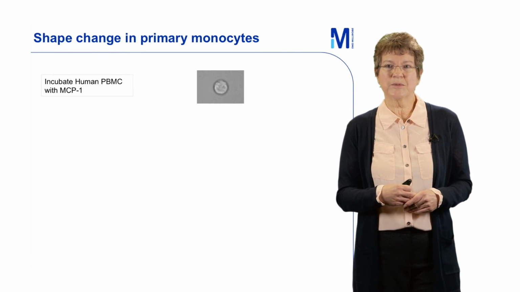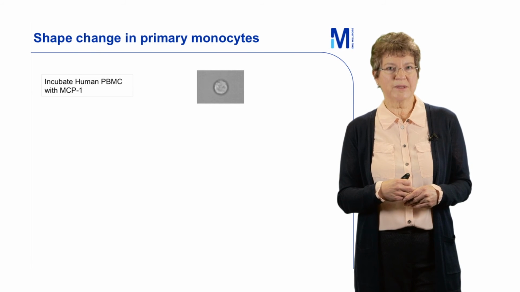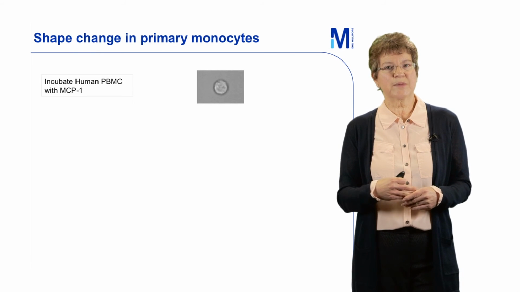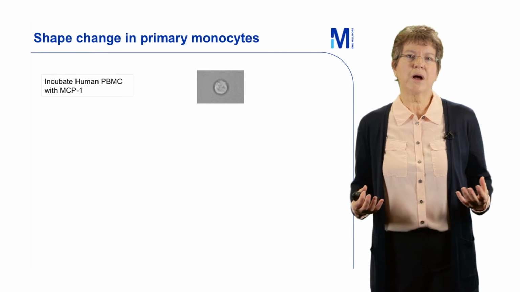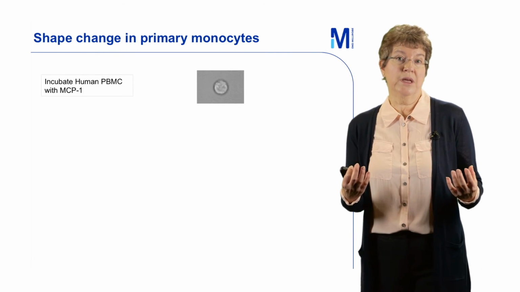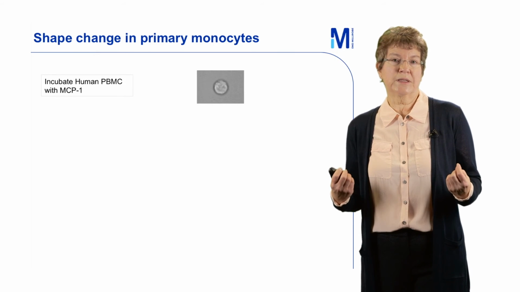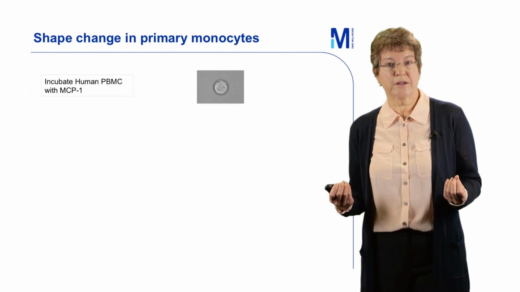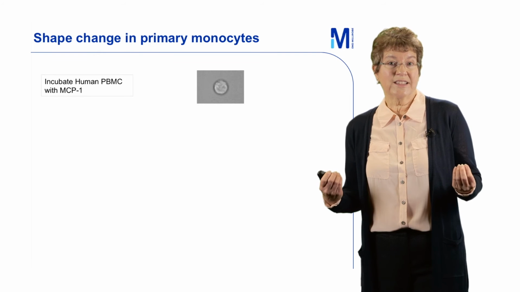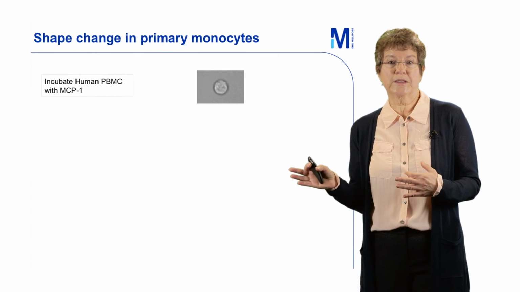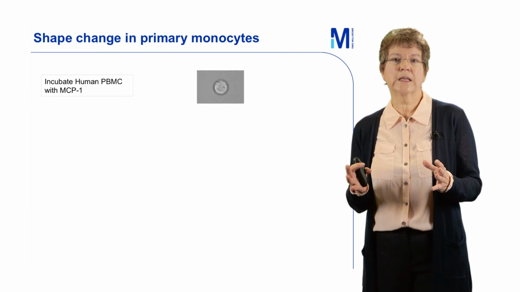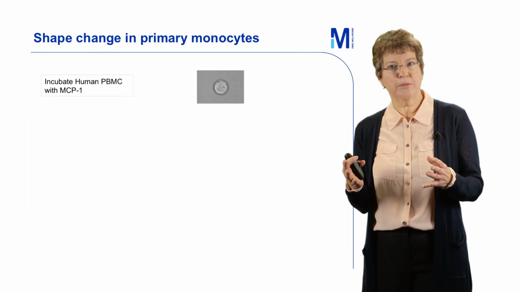So what we did was we looked at human PBMCs in response to MCP1. MCP1 is a chemokine that attracts monocytes out of the bloodstream into the interstitial spaces in response to an inflammatory event. The monocytes have to extravasate through the endothelium and get into those interstitial spaces, and therefore they have to reorganize their actin and change shape.